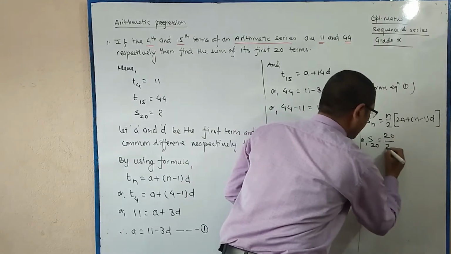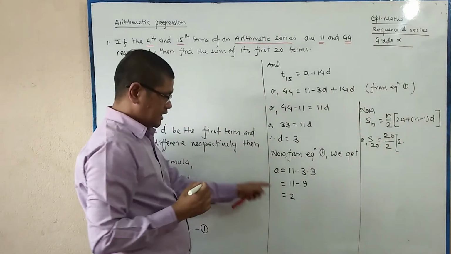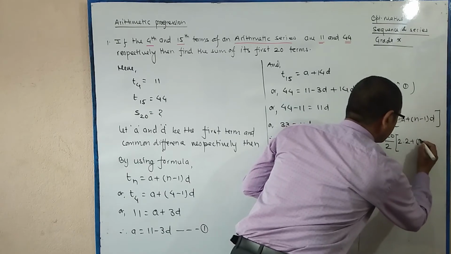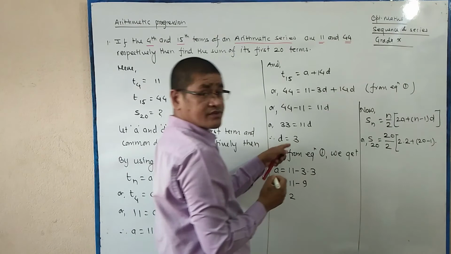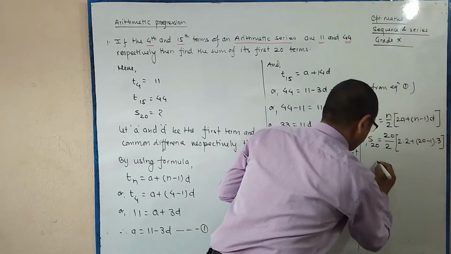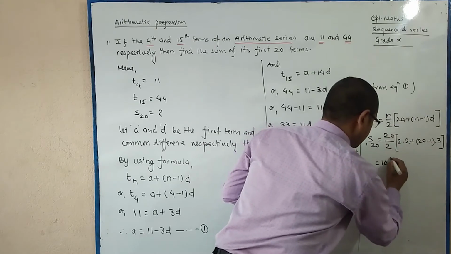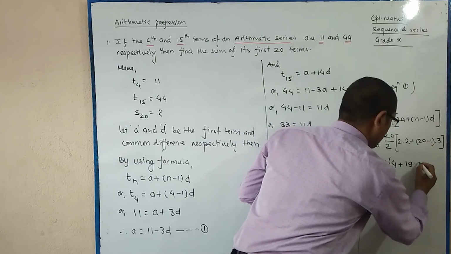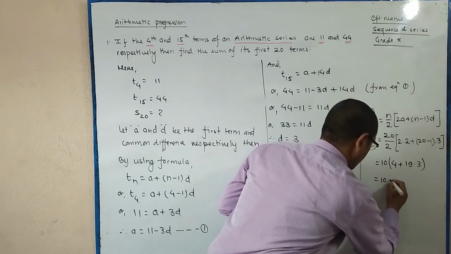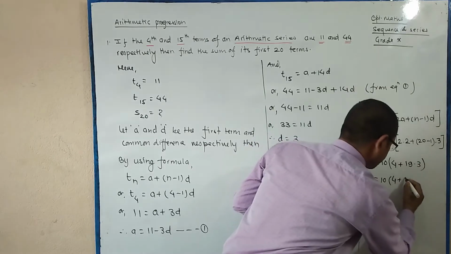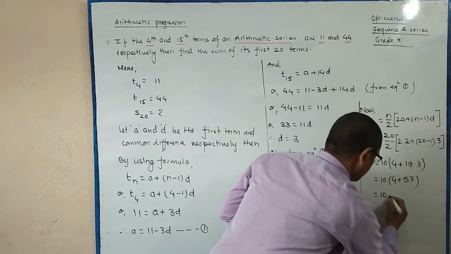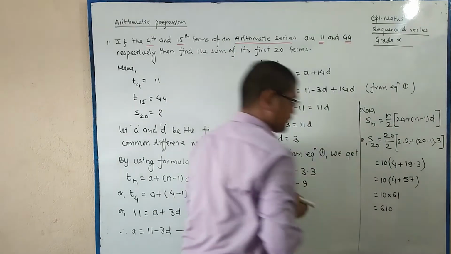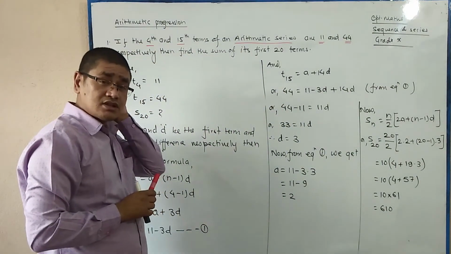So 20 by 2, then 2 times the value of a, which is 2, plus 20 minus 1, and the value of d is 3. So it equals 20 divided by 2, we can write directly 10, times 2 times 2 is 4, plus 19 times 3 is 57, so 10 times 61, that is 610.